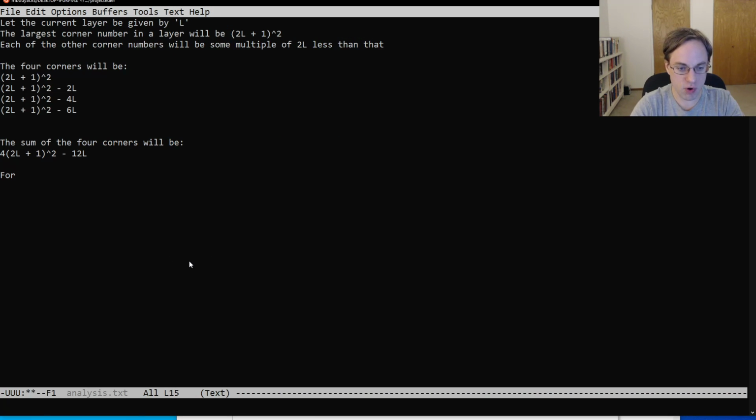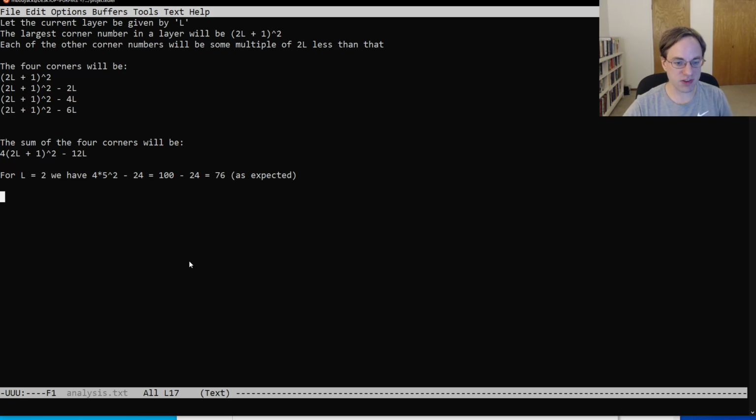So let's see, with L equals 2, we have 4 times 5 squared minus 24. And that's going to be equal to 100 minus 24, which is equal to 76, as expected.